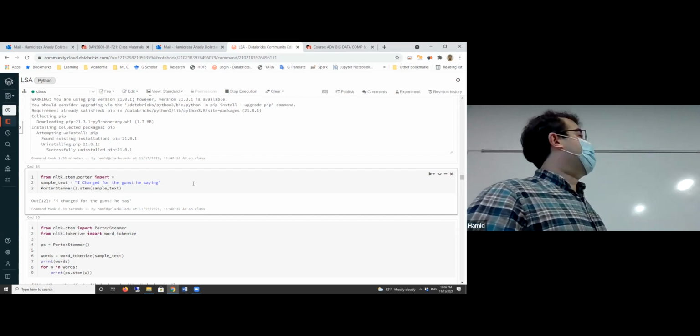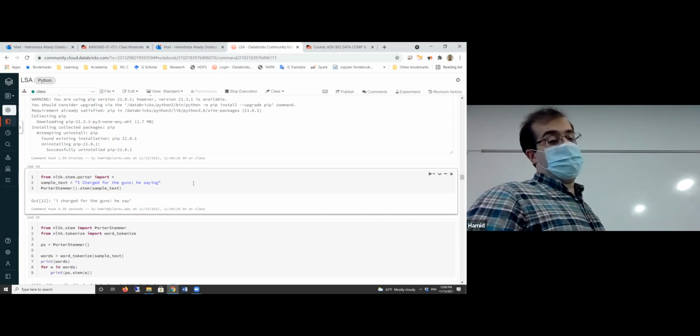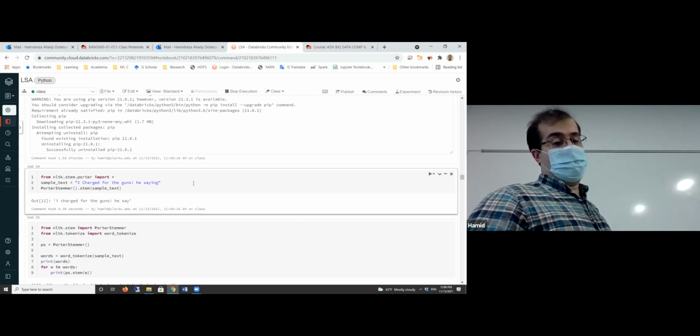But sometimes these packages are not very efficient or very correct. For example, look at the sentence. My sentence is, I charge for the guns he's saying. Okay. So if you see, I use the Porter stemmer, so it didn't find the charge root, so I just put charge.